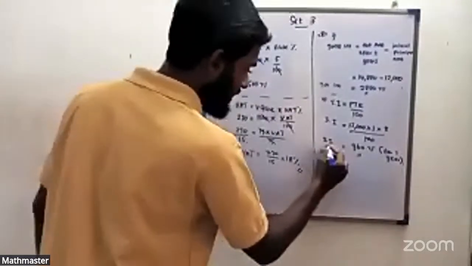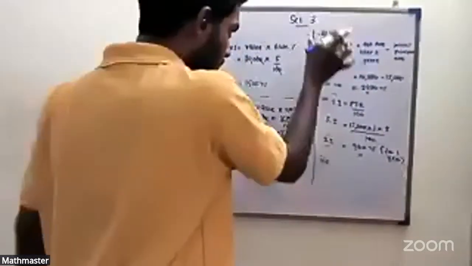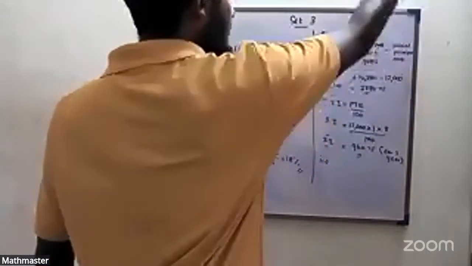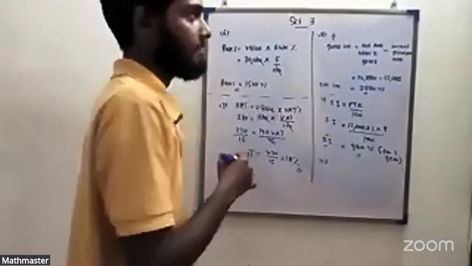Why? Because simple interest doesn't change. Same simple interest is for 1 year. Then for the next year, the same simple interest. Then the next year also the same simple interest. Right?